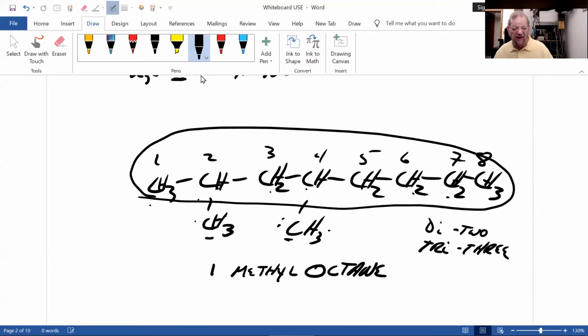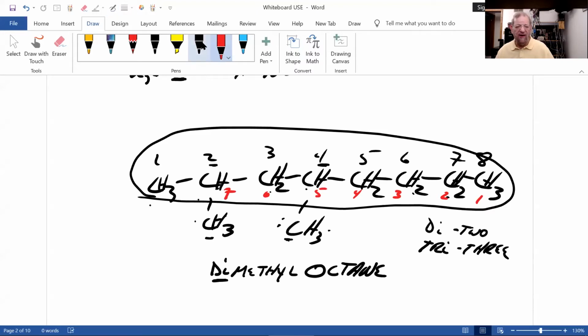So this is dimethyl. Now, since you see the prefix di, I need 2 numbers. One way, it's on carbon 2 and 4 of the methyl. If I number the other way, always number from the end. 1, 2, 3, 4, 5, 6, 7.